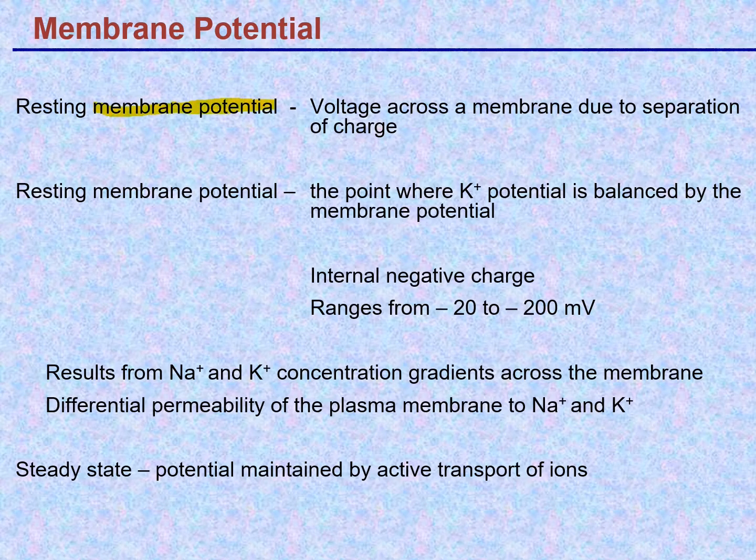And normally it's stable, so it's a resting membrane potential. The internal charge is negative and can vary depending upon the cell, anywhere from -20 to -200 millivolts on the inside. Again, it's because of this separation of charges and the different concentration gradients and the relatively more sodium that was moved out and potassium that was moved in. So that membrane potential is in a steady state, and it's maintained by the active transport of ions by the sodium-potassium pump.